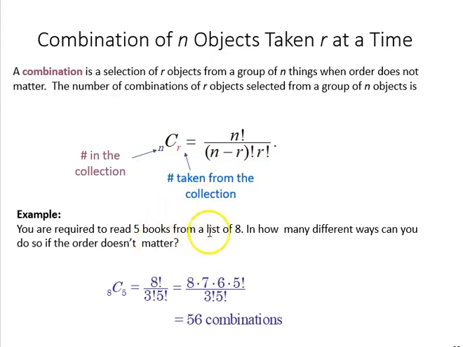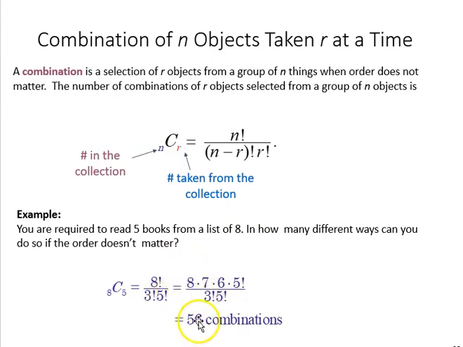So if you're required to read 5 books from a list of 8, how many different ways can you do so if the order doesn't matter? Now it's simply 8 factorial, which is the total list, divided by 3 factorial times 5 factorial.